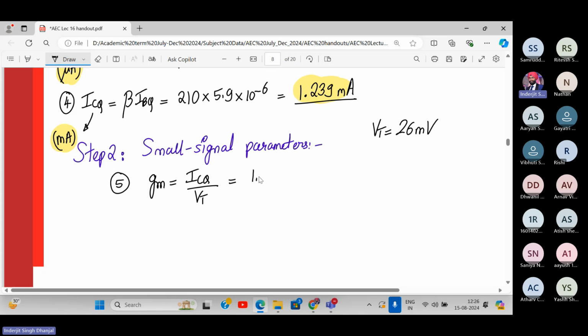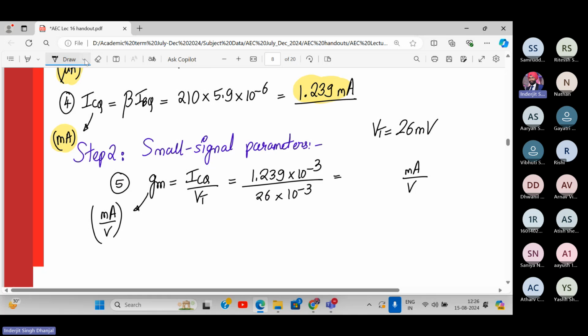So ICQ is 1.239 into 10 raised to minus 3. VT is 26 into 10 raised to minus 3. So tell me the answer. GM unit should always be in milliampere per volt. So tell me in terms of milliamperes. How much is this?